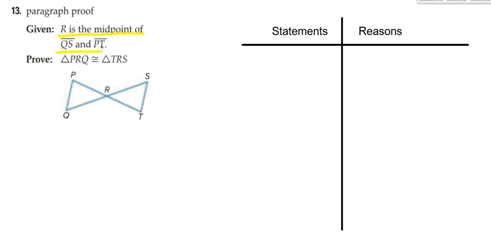If you're in the room, I'm going to ask you to point on your key terms page to where that is. And then I'm also going to ask some students to tell me what segments have to be the same. So let's say R is the midpoint of segment QS first. I'm going to ask somebody to tell me what those are.